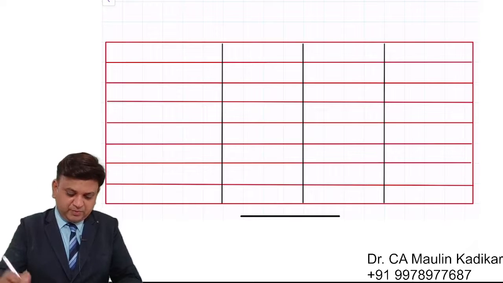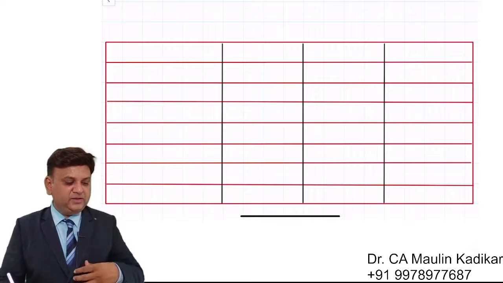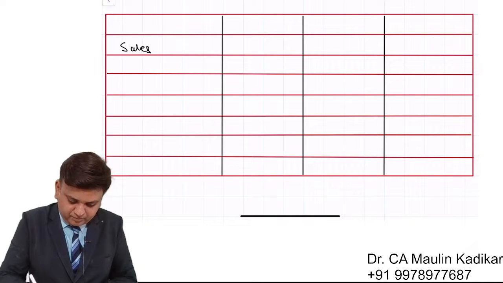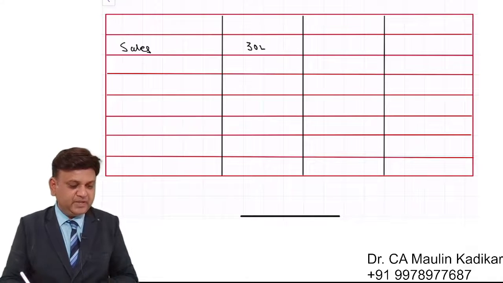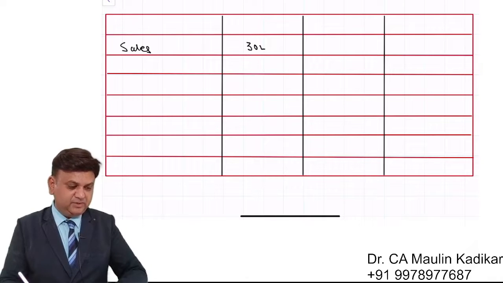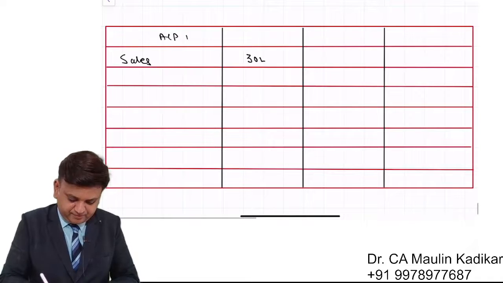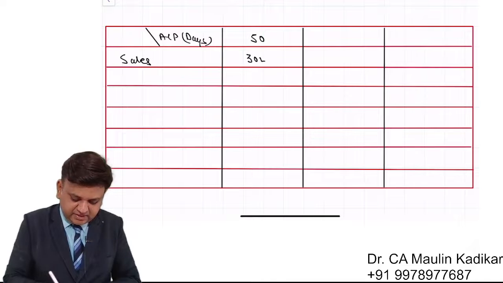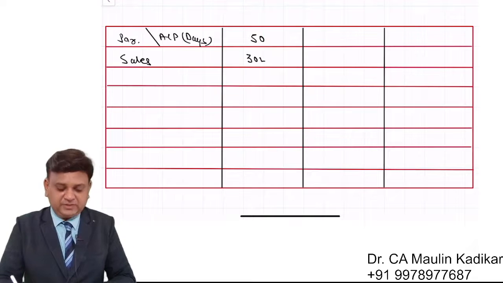So dear students, we have been provided with information like this. PQR having annual sales of rupees 30 lakhs, so sales is given as 30 lakhs. It is reconsidering its present collection policy. At present, average collection period is 50 days, and the bad debts losses are 5% of the sales.